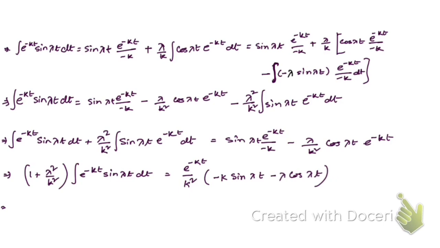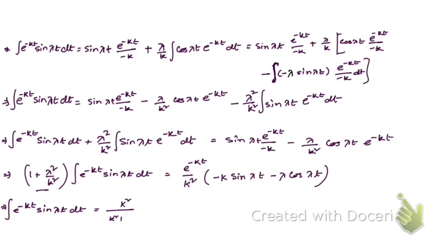Now if you take the LCM here, it's going to be k square plus lambda square by k square, and multiply both sides by k square plus lambda square, and on the right hand side as well, k square by k square plus lambda square. Doing so, we're going to get this result.